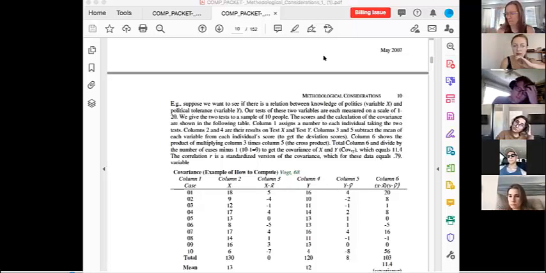There's another thing about reliability and validity, which is that reliability sets the limit to validity. So let's backtrack. Reliability coefficients go from 0 to 1. 0 is not reliable at all, 1 is perfect reliability.